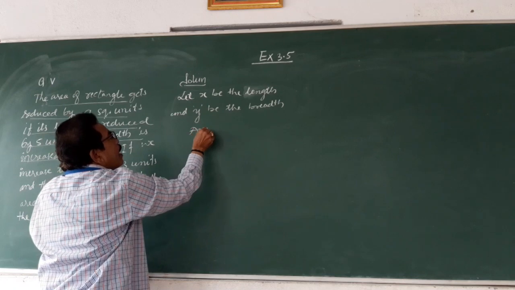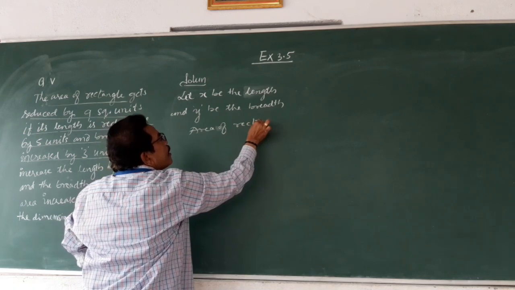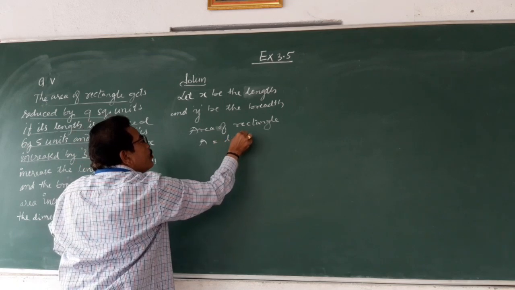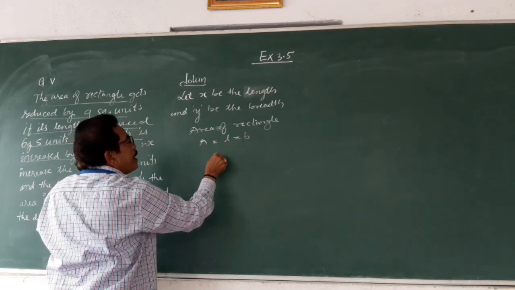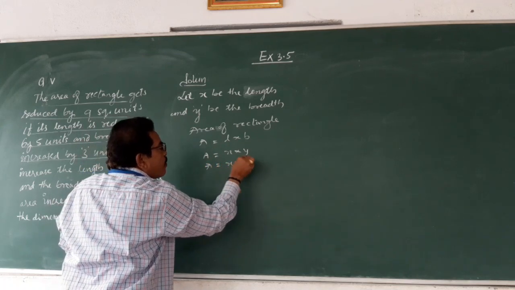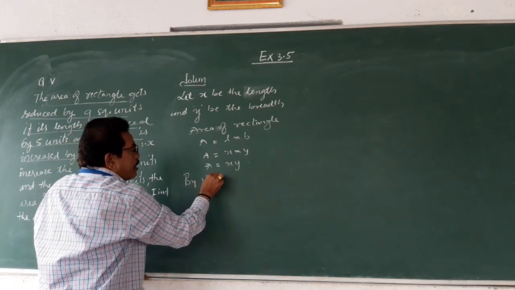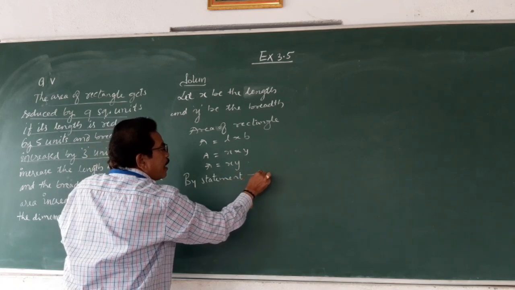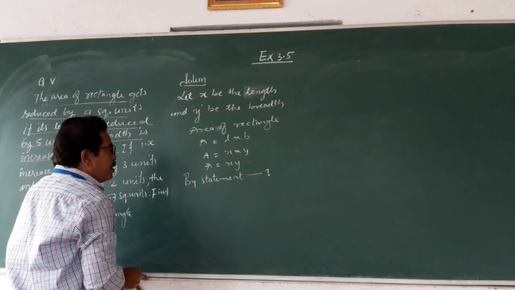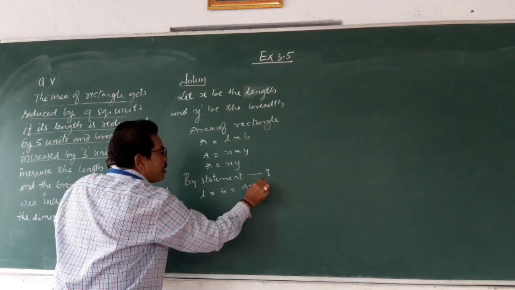So the area of a rectangle A equals L into B, that is equals x into y. Area equals xy. Then by statement 1, length into breadth equals area.